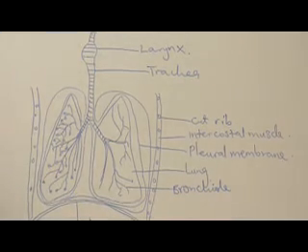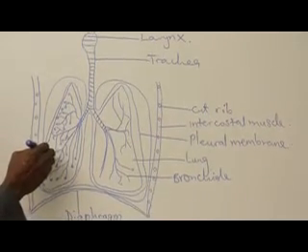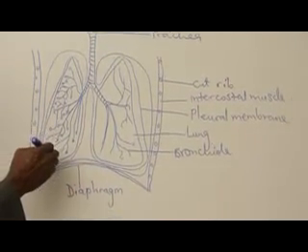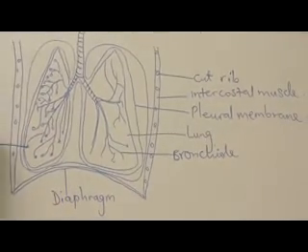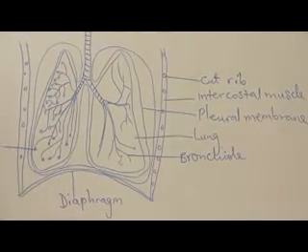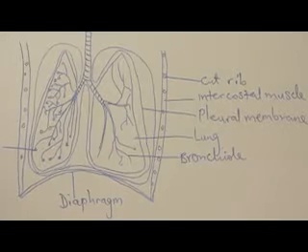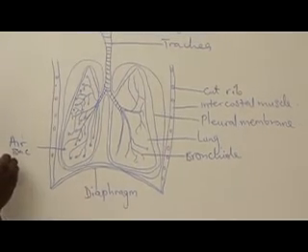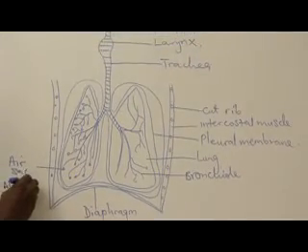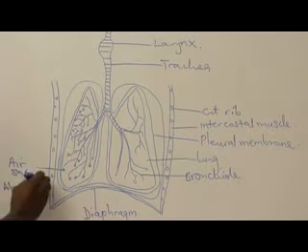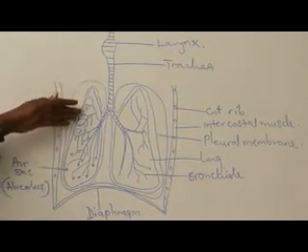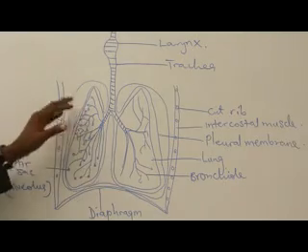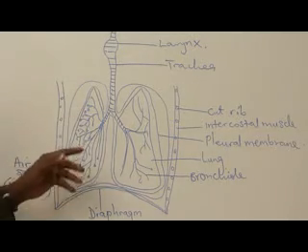The bronchiole end up in air sacs, or what we call alveoli. Alveolus, one; alveoli, plural. So we have alveoli in the lungs, or we call them air sacs.